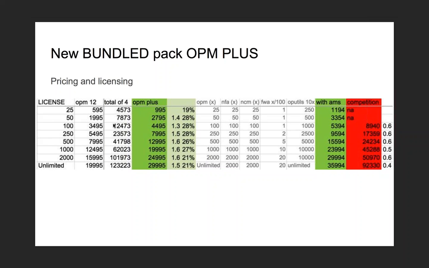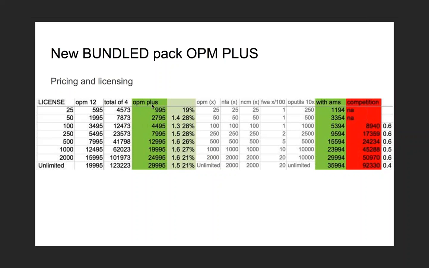So with OpManager at $3,495, the total for all 5 products with this configuration comes to roughly $16,000.